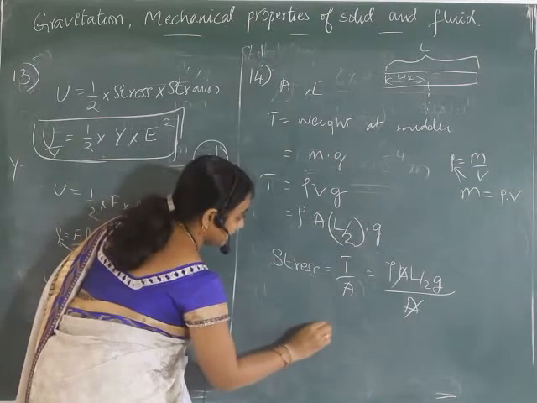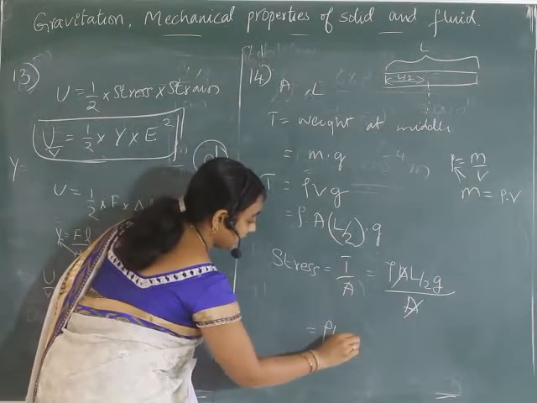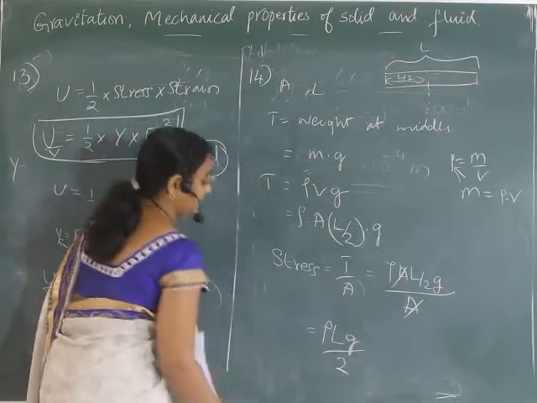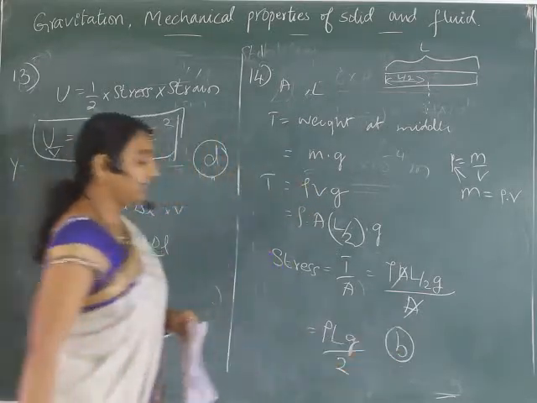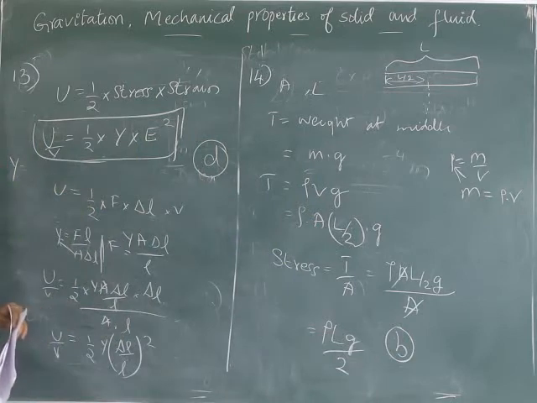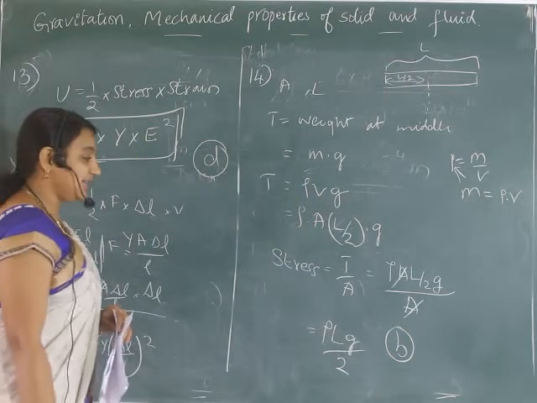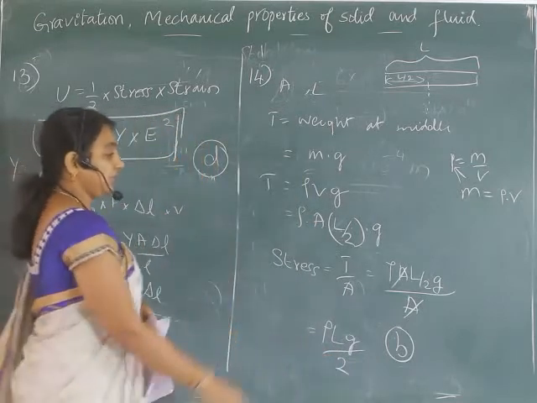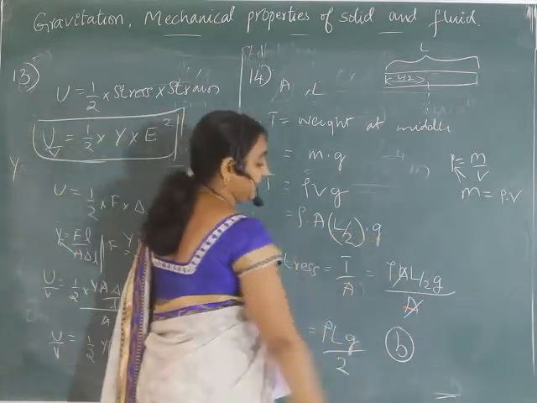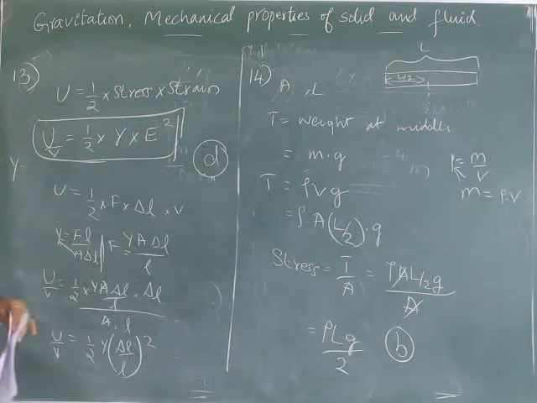So therefore stress is equal to rho L g by 2. Option B. We found tension. There is a relation between tension and the stress. Stress is nothing but tension per unit area. Therefore substitute this value divided by area. Area gets cancelled. So stress is equal to rho L g by 2.